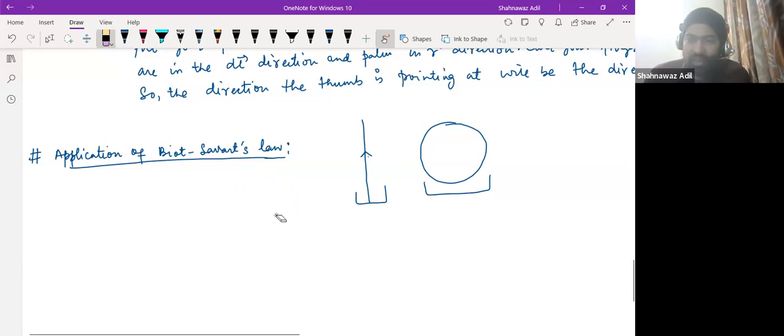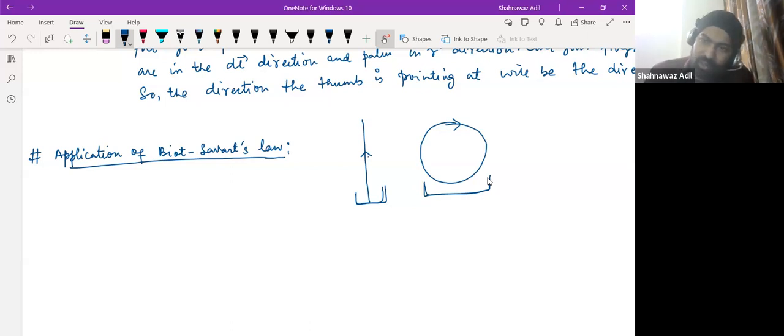Is it clear to you? I'm just telling you that the most general shape of the current carrying wire you can see is this straight one or this circular one.